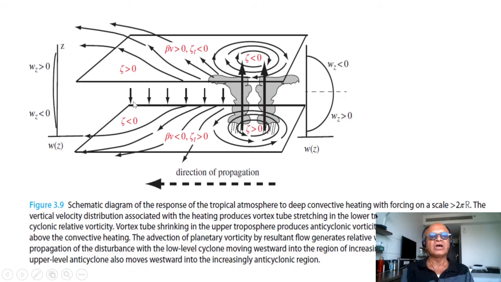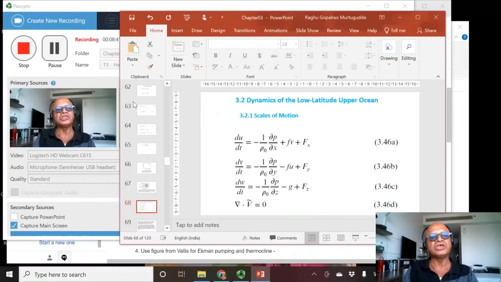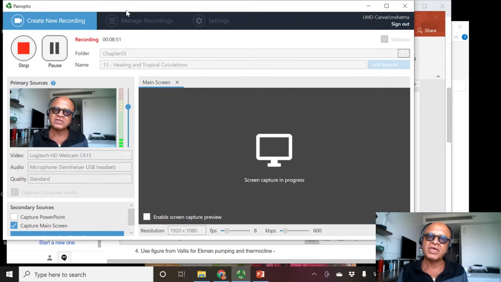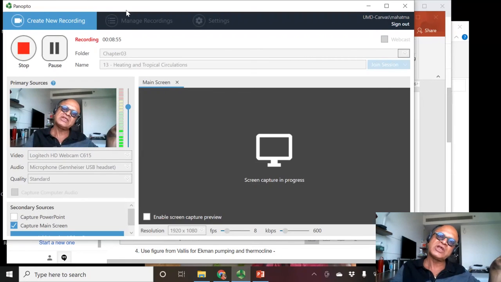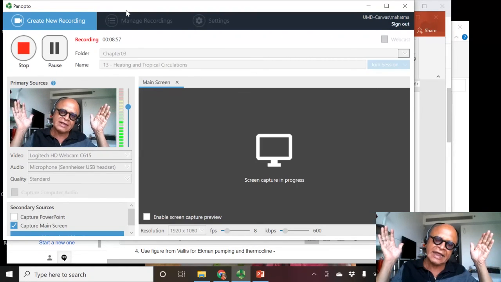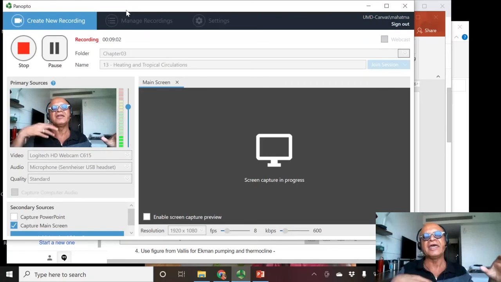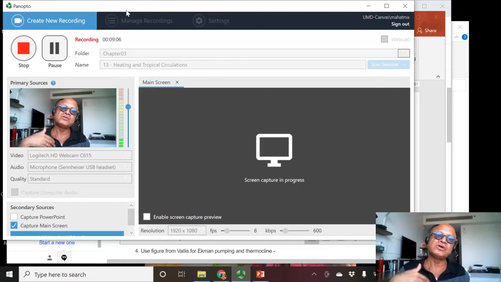Whew. Sounds complicated, but stare at these and make sure you can connect the dots in terms of how tropical heating can generate these dynamic circulations in the tropics, which allows us to explain the weak temperature gradients and baroclinic processes, or vortex stretching and coupling of the low level and the upper level in terms of generating circulations.